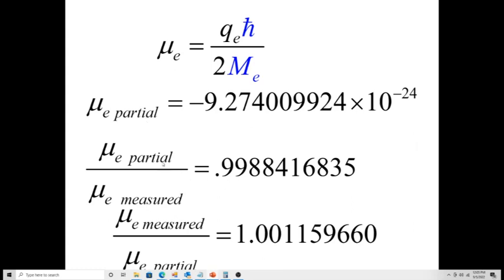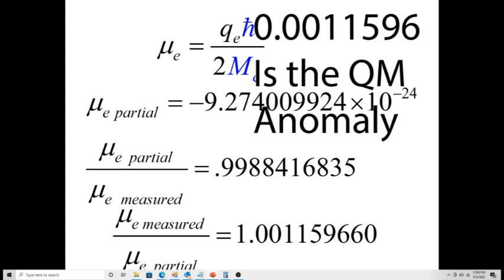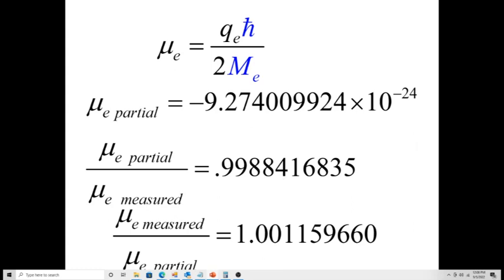And the problem here is that this system is short. If I turn it upside down, it turns out it's 1.115 or 0.116% short. We're missing magnetic moment here. We don't have enough magnetic moment.